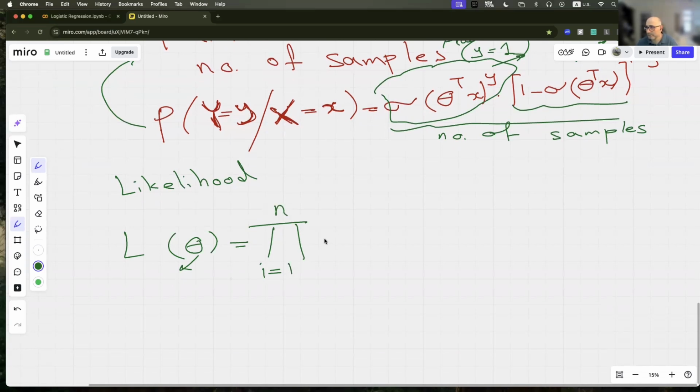And this is the multiplication, not pi, it's just a multiplication. So that would be the probability of y_i, the i-th sample, given x, the features of that sample, which would be equal to this.